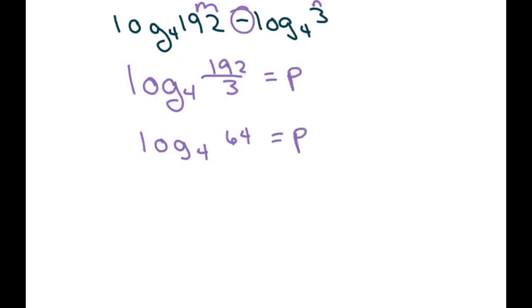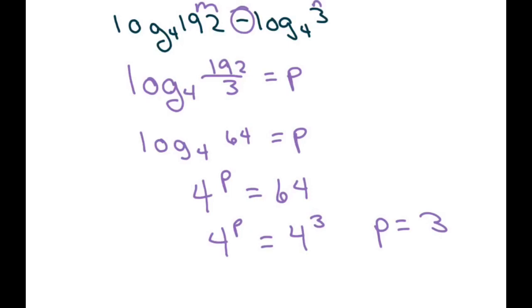And you can use the thing we did last time, or we could just rewrite this as an exponent. So this is 4 to the p equals 4 cubed. So p equals 3. Or if you keep looking at this, you could just say there's 3 there. 4 cubed is 64.